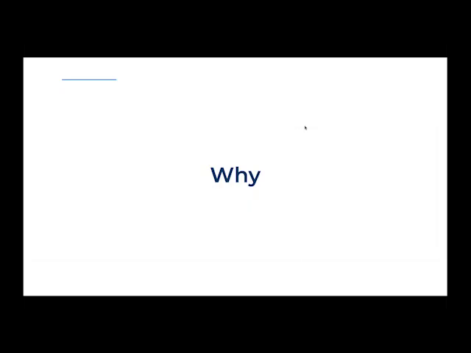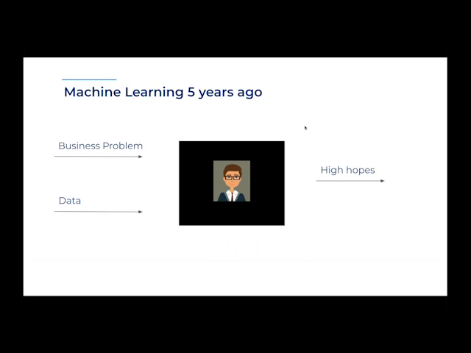Why so? Five years ago, this is what machine learning looked like. We had a business problem, we had data, and enterprises would hire a data scientist, put him in a black box, and express high hopes about the final outcome. We dreamed about machine learning and how well we could live in the future.